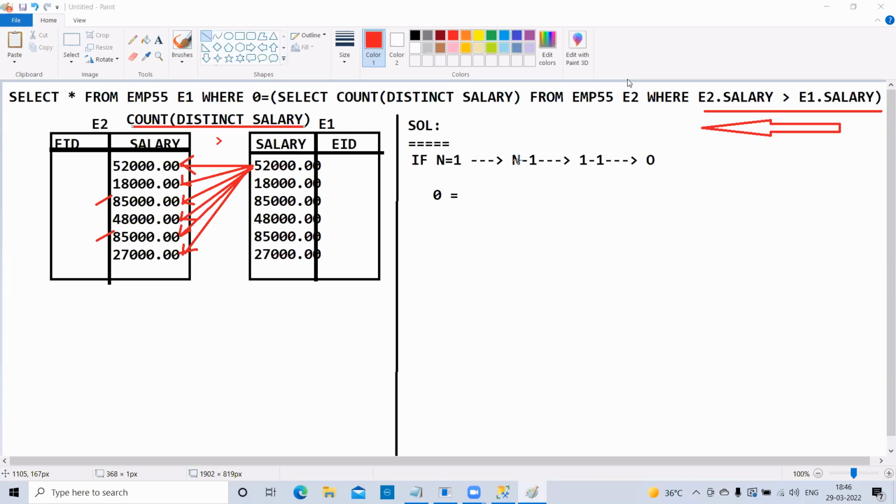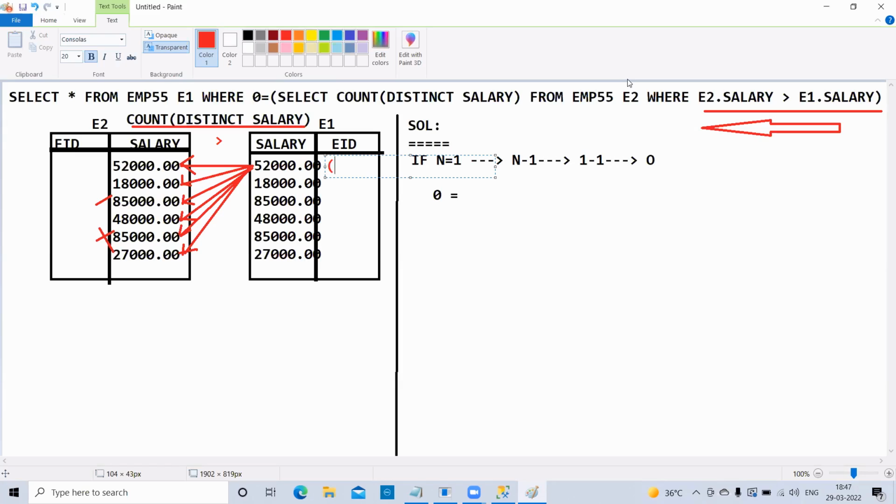When duplicates are not counting, that means I just count any one value. Okay, any one value. And now tell me, now 85,000 above, how many values are there in my E2 alias table?